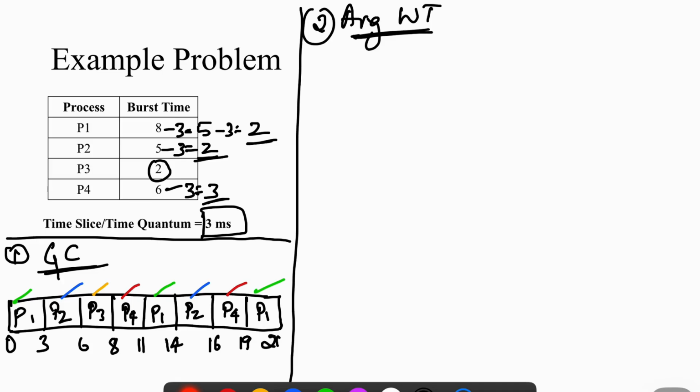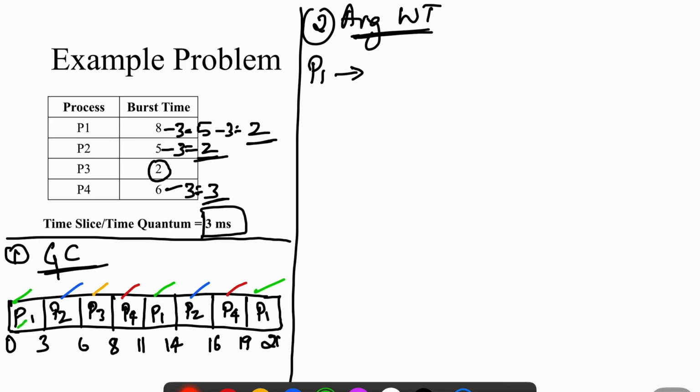You people know what the second step is. The second step is calculating the average waiting time. Correct. So here, we will do one process at a time. I'll take P1. P1 has multiple occurrences.